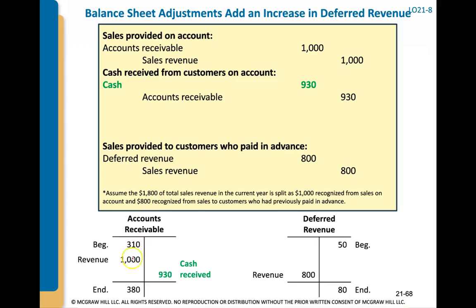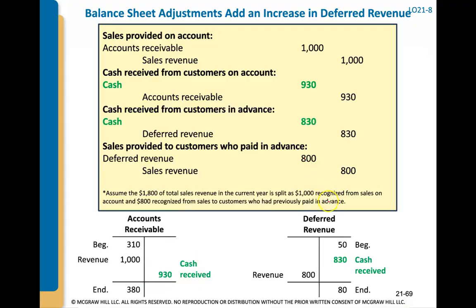So if I'm looking at my accounts receivable T account, if my beginning balance was 310 and my revenue was 1,000 and my ending balance is 380, that must mean that I received cash of $930.